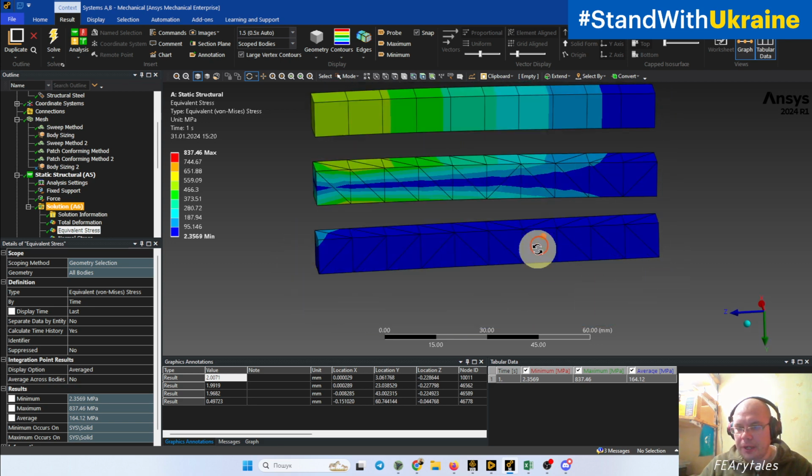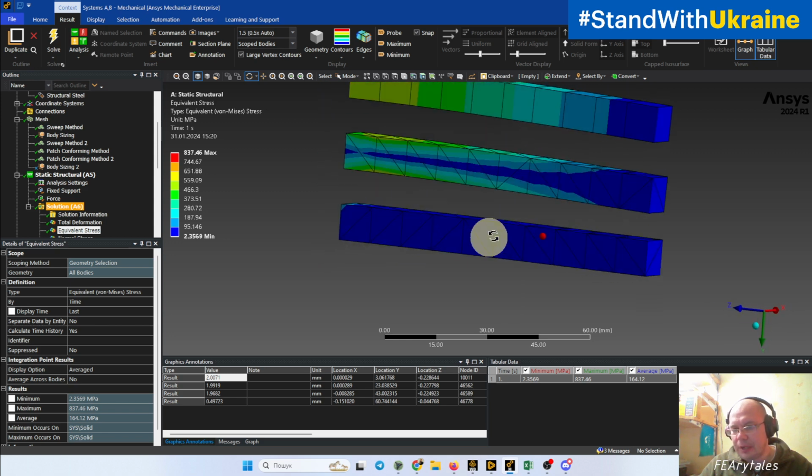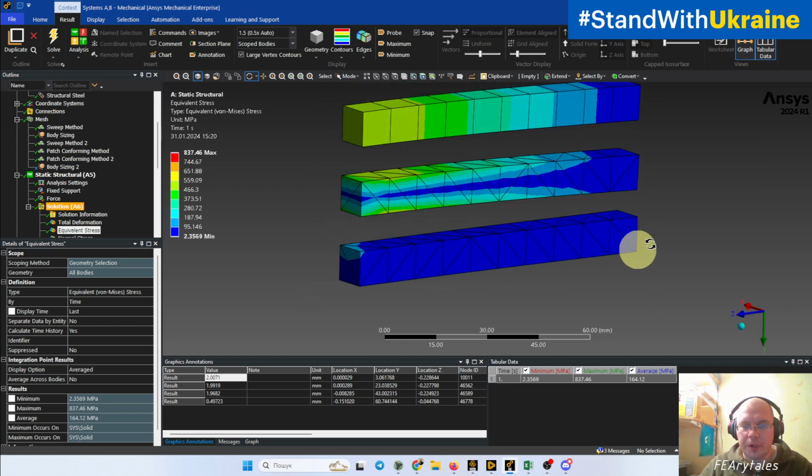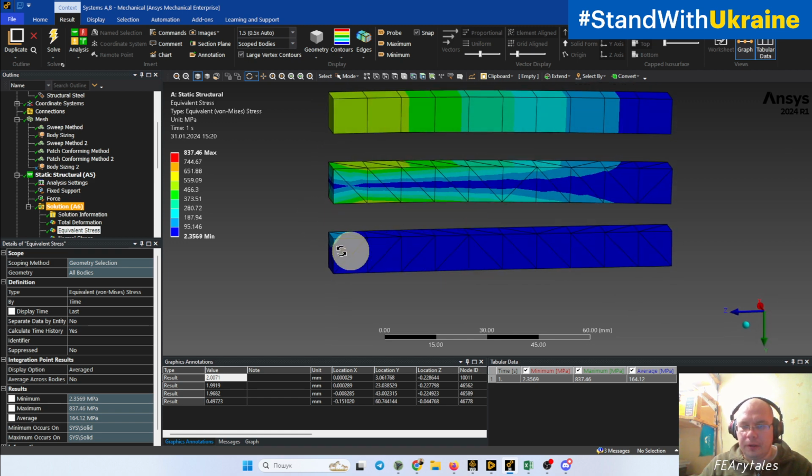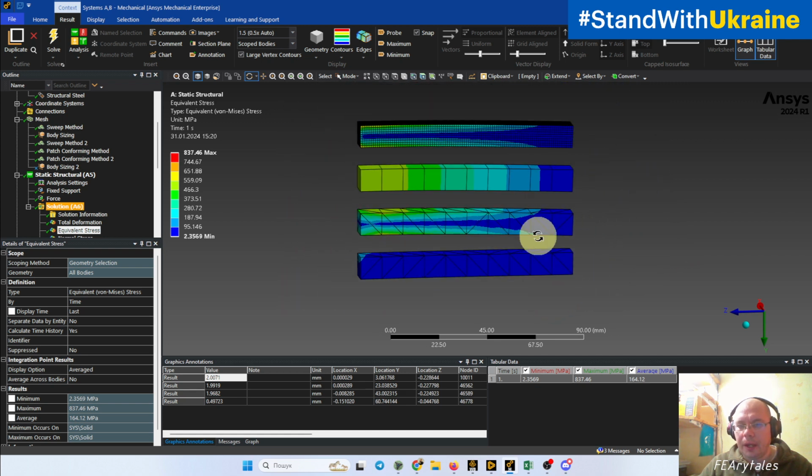And this one has something very small in stresses, and it can be simple to understand how the stress distribution looks in this scale.